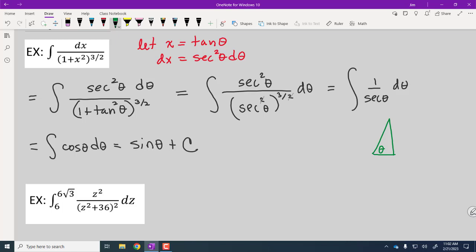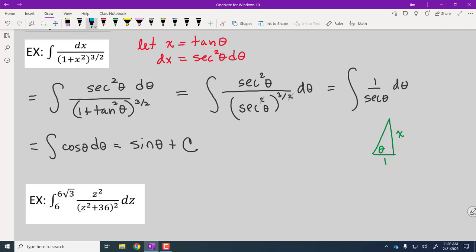Draw it like it's in quadrant 1. Tangent is rise over run, opposite over adjacent. That has to match. So we pick our angle theta down there. We look at the let statement: tangent of theta is equal to x. There we go. That is a picture of what that means up here.